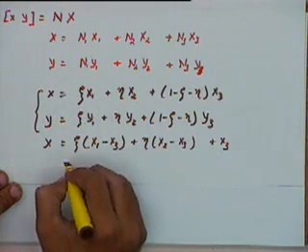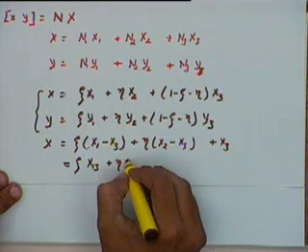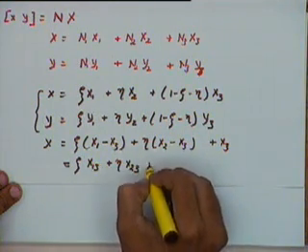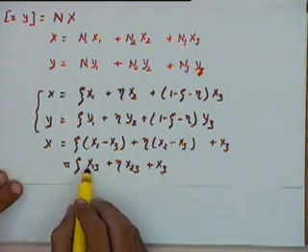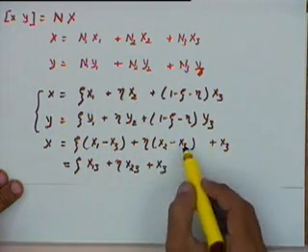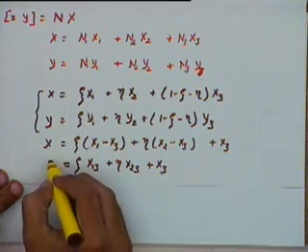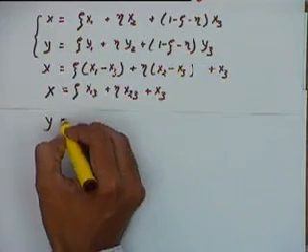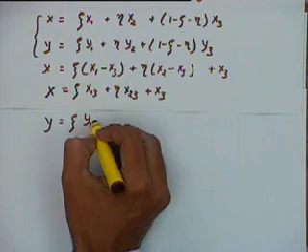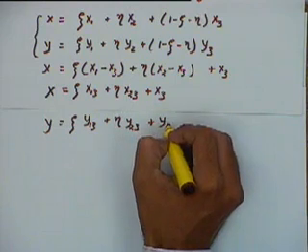I will write this as zeta times x13 plus eta times x23 plus x3, where x13 is x1 minus x3 and x23 is x2 minus x3. Similarly, I will get y equal to zeta times y13 plus eta times y23 plus y3.